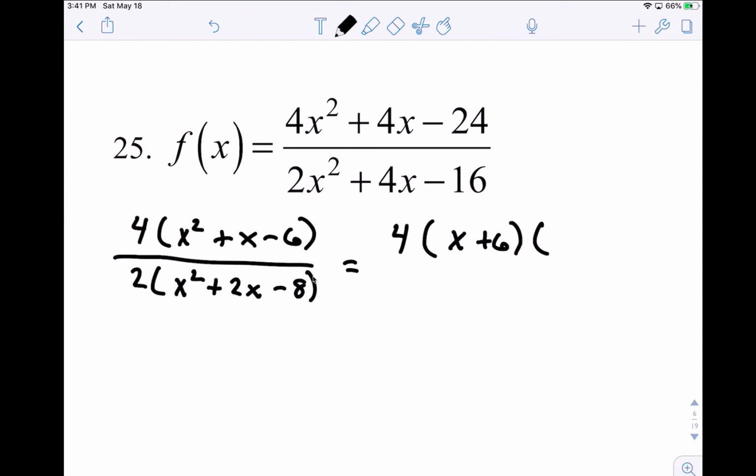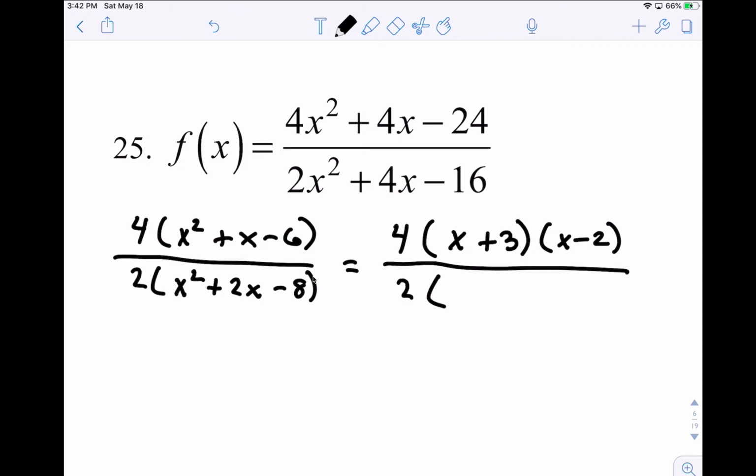Nope, that's not right. Why am I blanking? Sorry. And then you got 2, x plus 4, x minus 2.